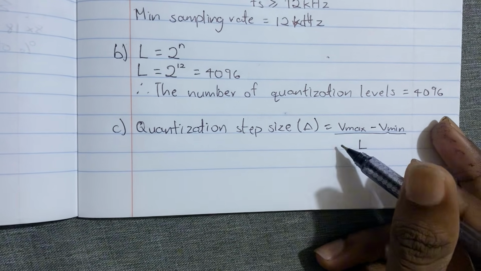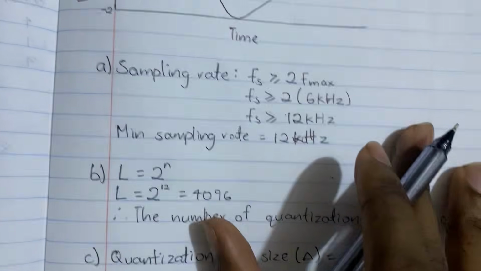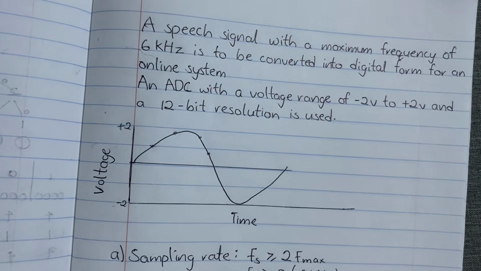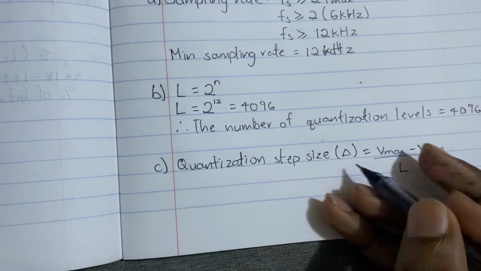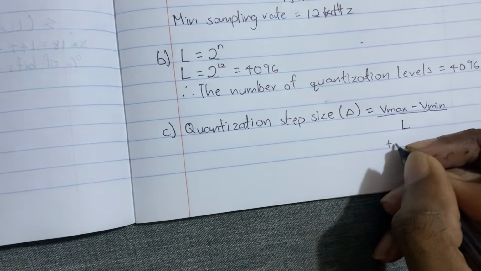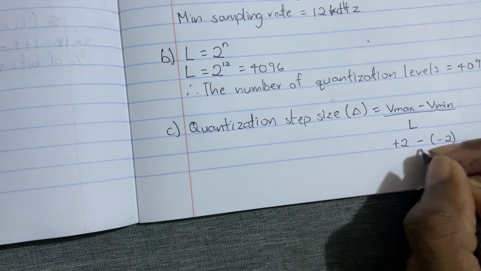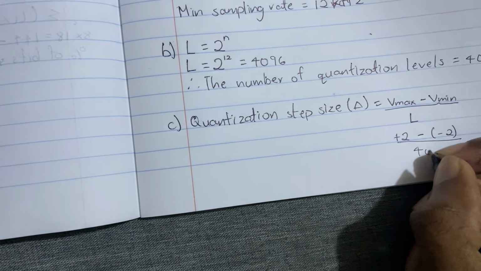Our max voltage as per the question is positive 2 volts and the minimum is negative 2 volts. So positive 2 minus negative 2, all over 4096.